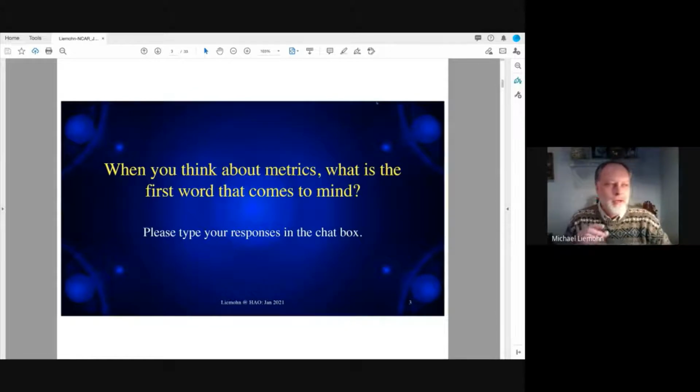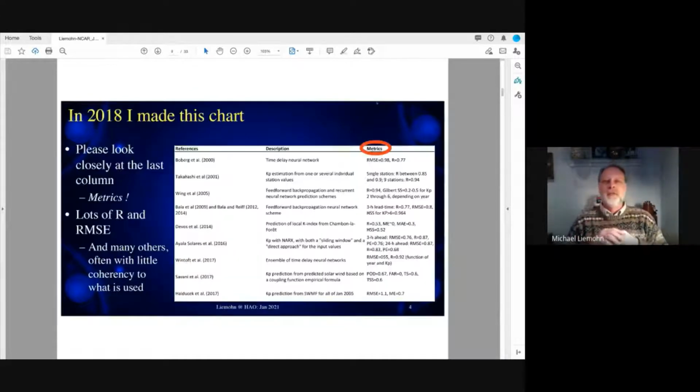So for metrics, in 2017 CCMC organized the Space Weather Capabilities Conference, and I led one of the working groups for that, on geomagnetic indices and the metrics that we use for those.